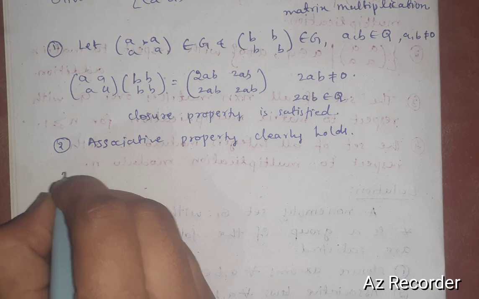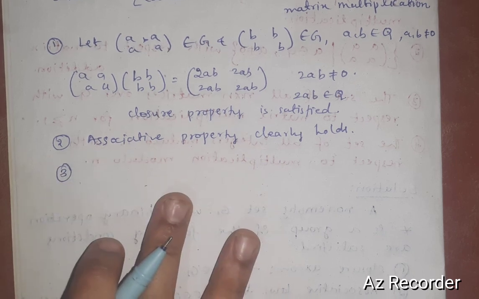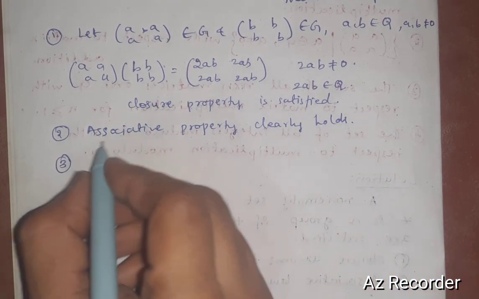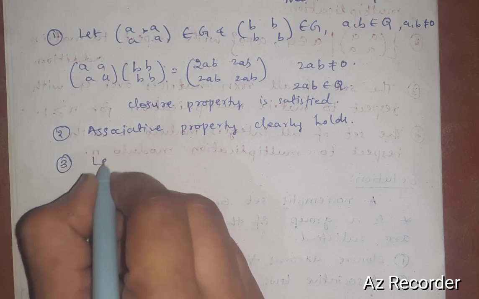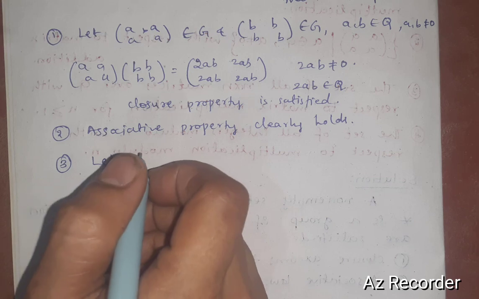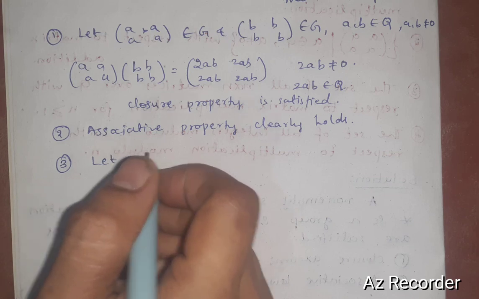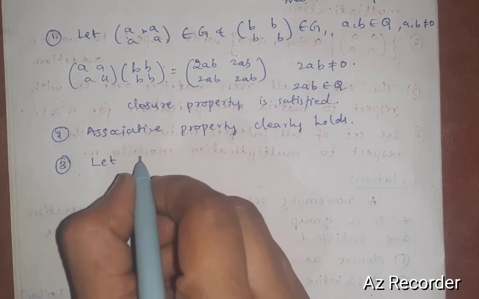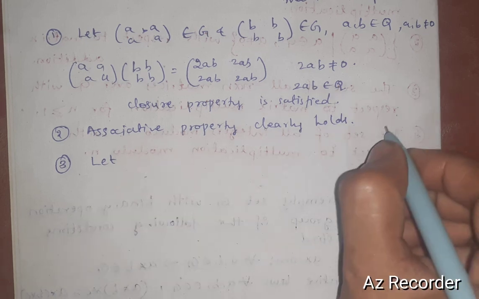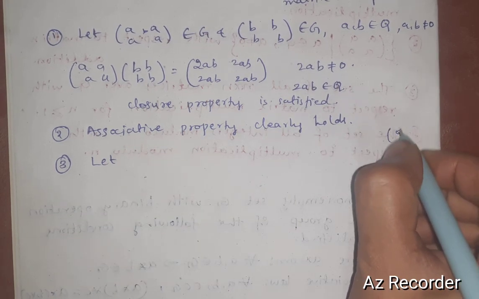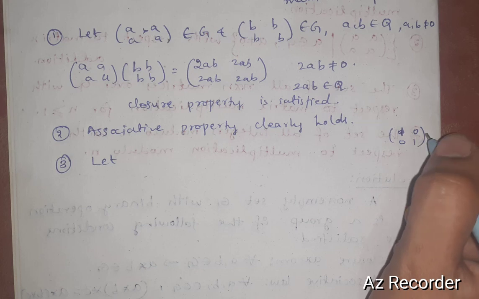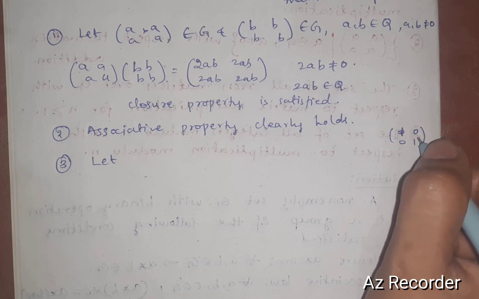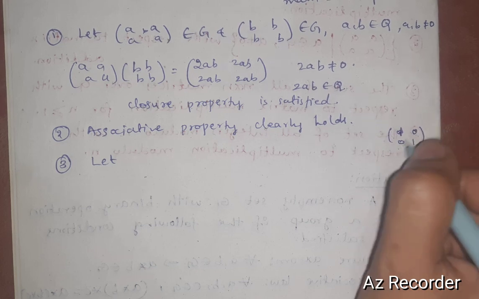Next, the third property. The third one is the existence of the identity element. So what will be the identity element? Any guesses? Clearly the matrix [1 0; 0 1], the identity I2, will not be an identity element of this group, because here the entry 0 comes.